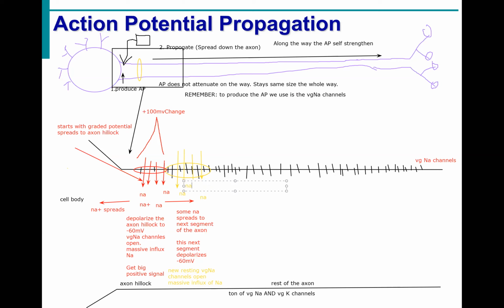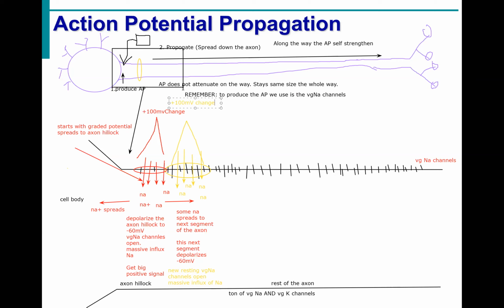We get this massive influx of sodium. And so right here at this location, we get a 100 millivolt big positive change. Notice what we've done in reality is produced a second current.